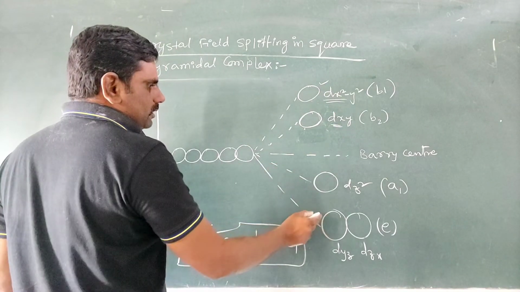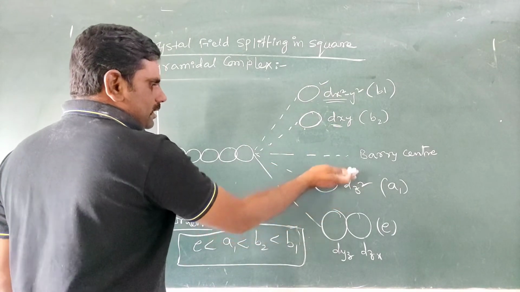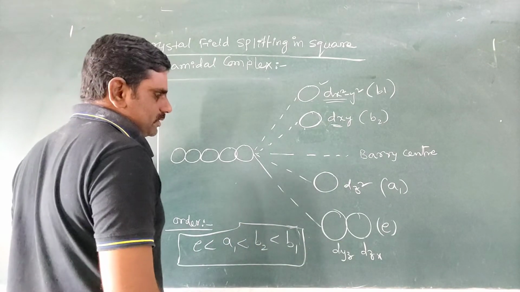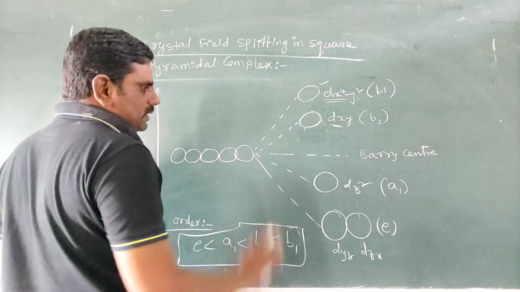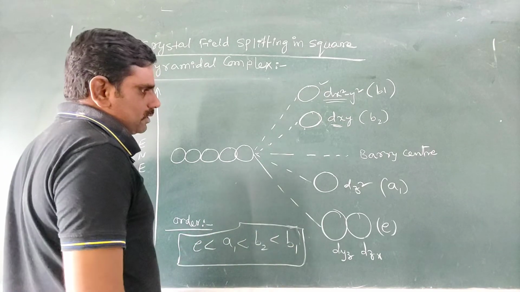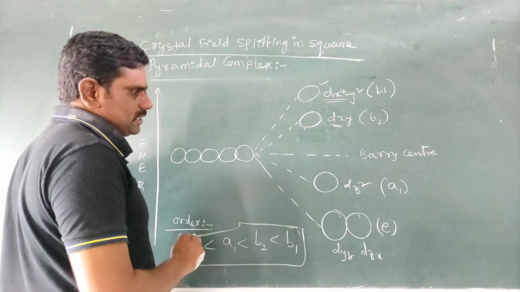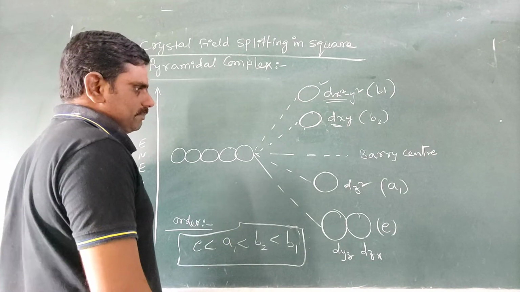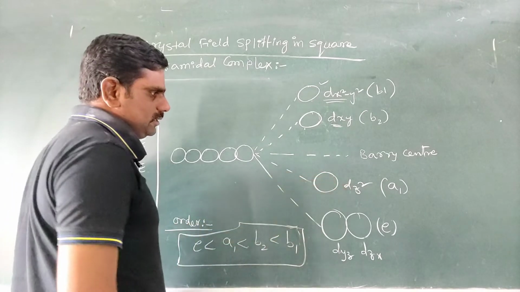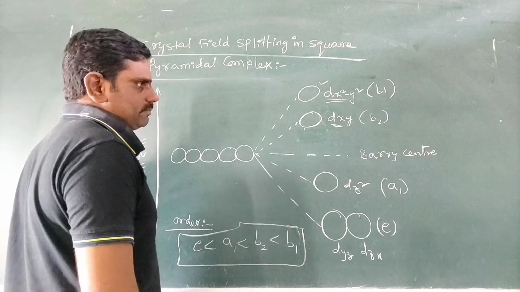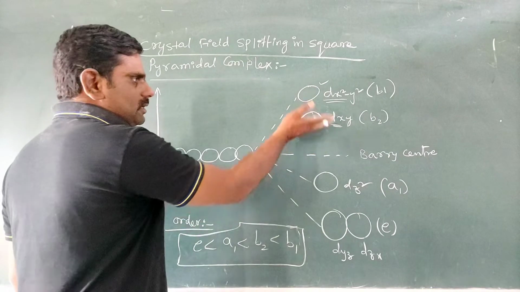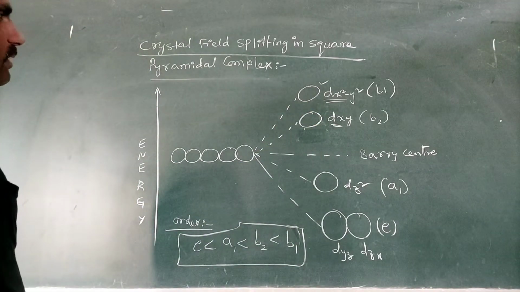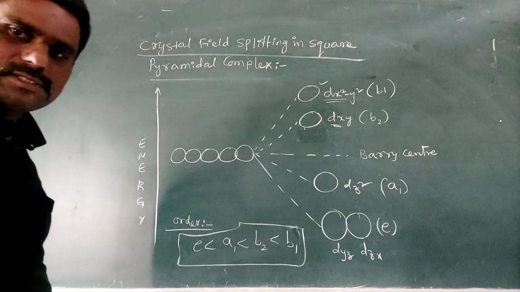Here also, dz square is comparatively higher in energy than that of dyz and dzx. So this splitting is based on only one ligand being present on the z-axis, so there are less repulsions on z component orbitals. That's why z component orbitals are below the barycenter, and x and y component orbitals are above the barycenter. So this is crystal field splitting in square pyramidal complex.